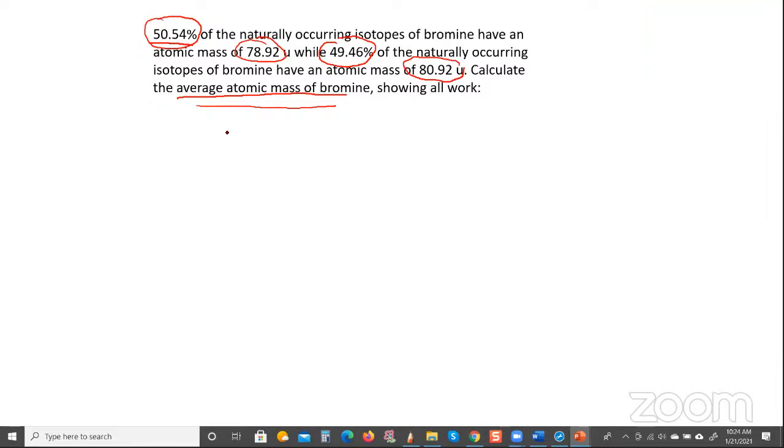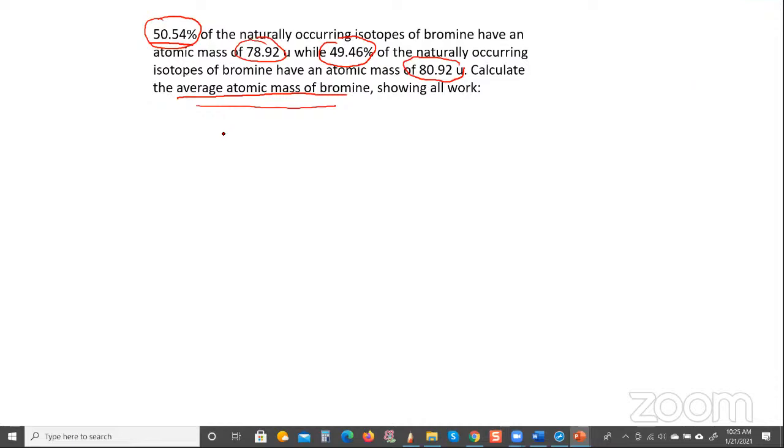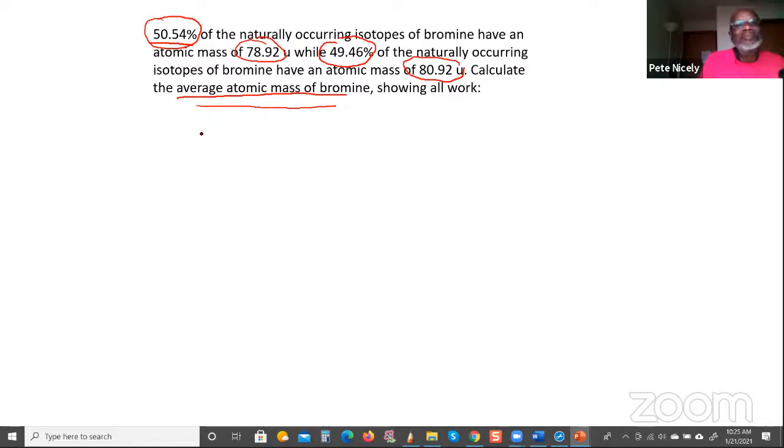So add the percentages. No, you're not going to add the percentages. You're going to multiply the percentage by the atomic mass. Okay, so you multiply the 50.54, well, let me just express it as a decimal number, 0.5054 multiplied by its atomic mass, which is 78.92 AMU.